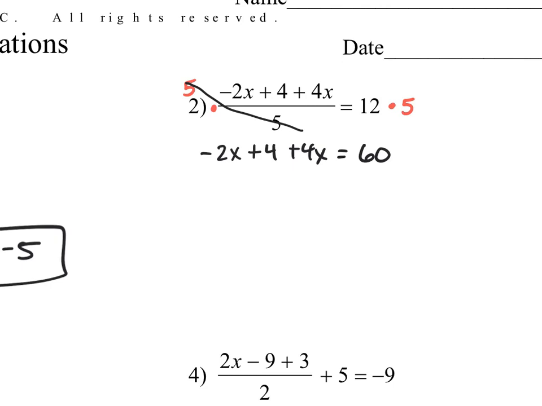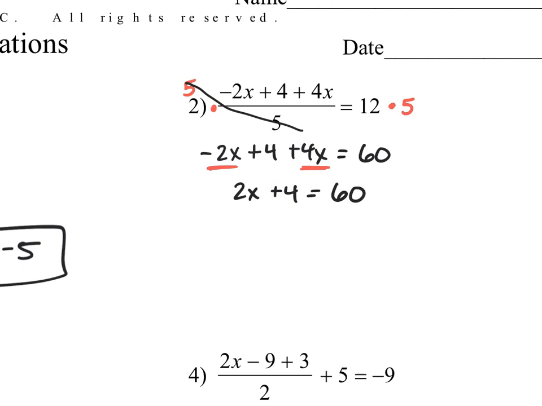Now, are we ready to start solving the problem? No. Each side is not simplified. Here I see I've got a negative 2x and a positive 4x. If I combine those two, I get positive 2x plus 4 is equal to 60.